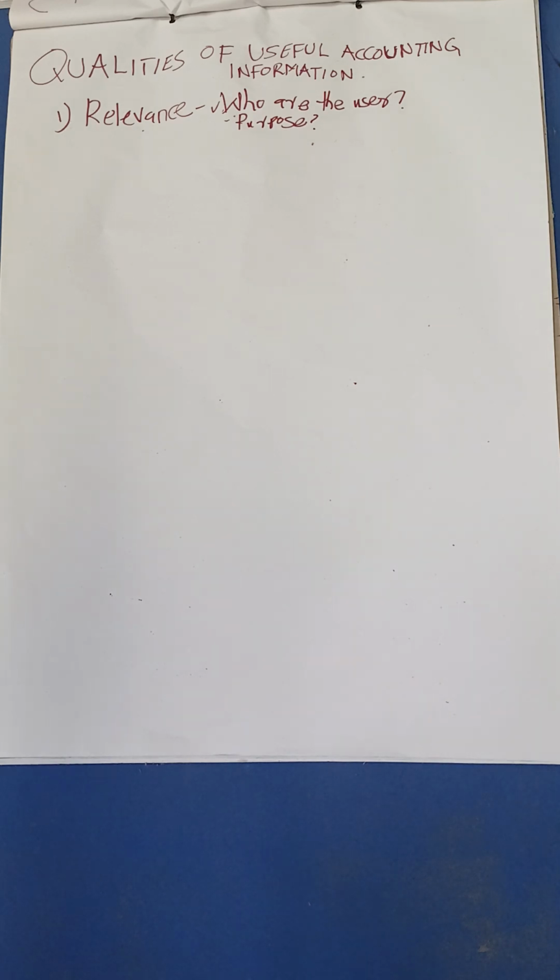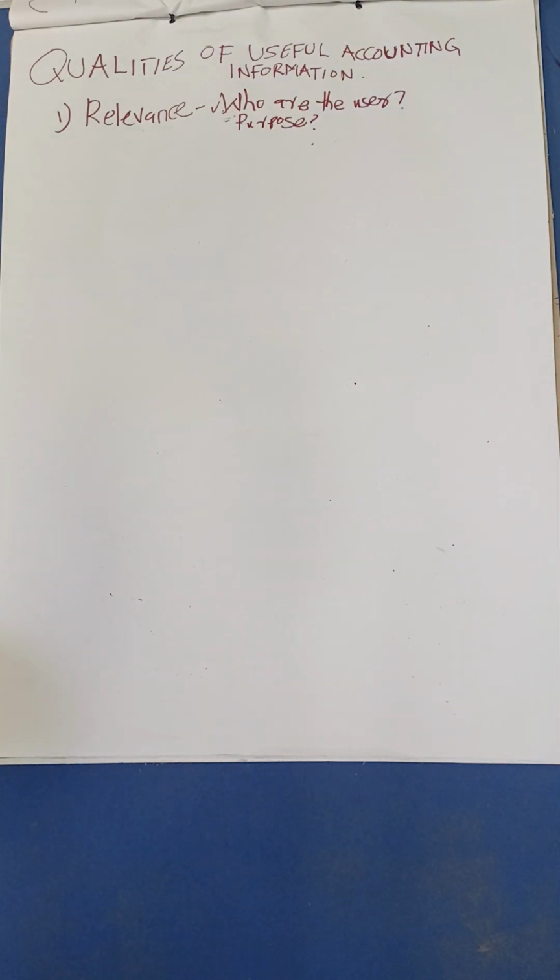The first one, as you have seen, I've indicated on the board, is relevance. The accounting information must be relevant. How relevant? You must understand the users you are preparing this information for. What is their purpose, or what do they need that information for? Maybe they are investors.